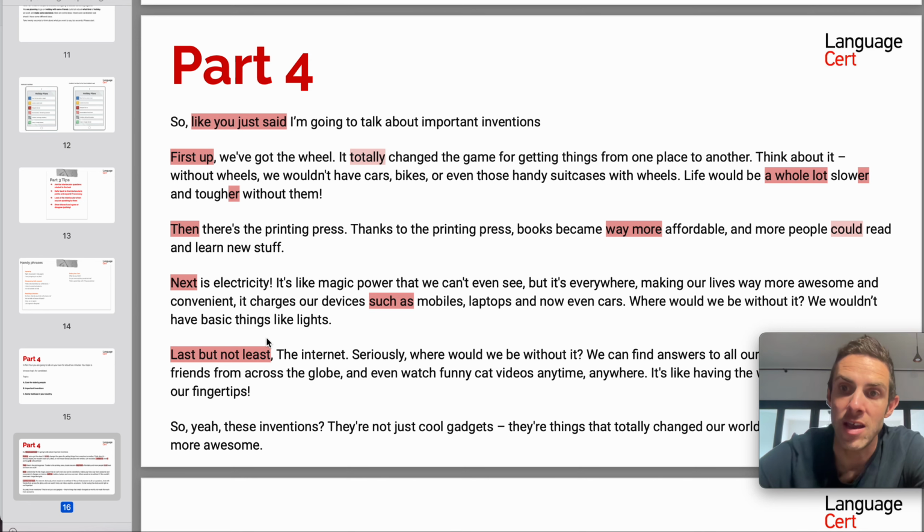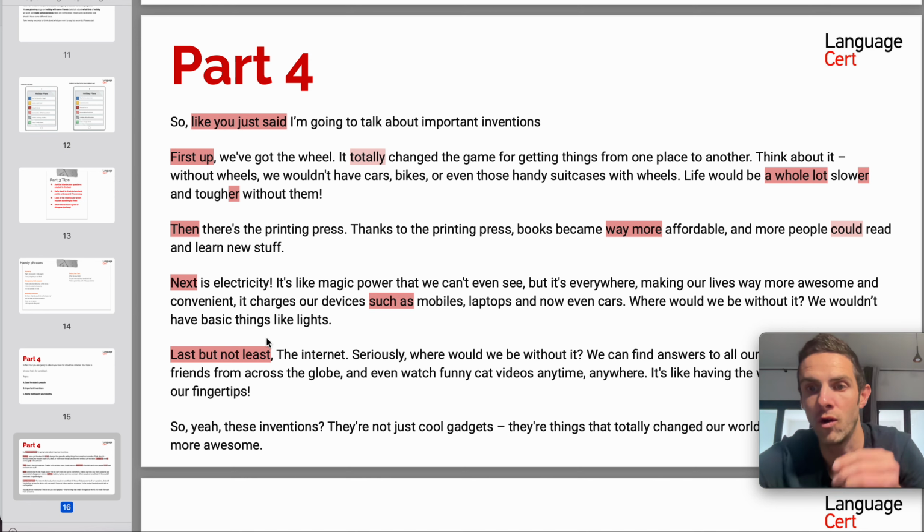Life would be a whole lot slower and tougher without them. So instead of life would be a lot slower, we could say a whole lot slower, which makes it, what word am I looking for? More dramatic. All right. And then I've said slower and tougher. I've put some comparatives in there. So that's the first part of my monologue.